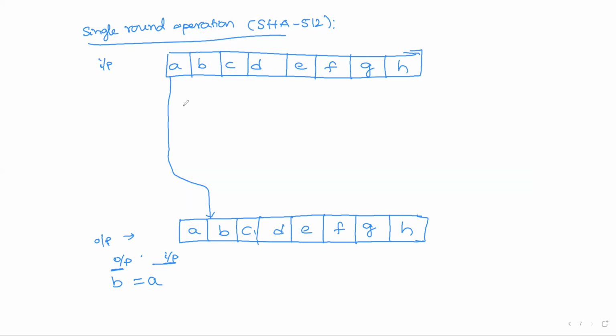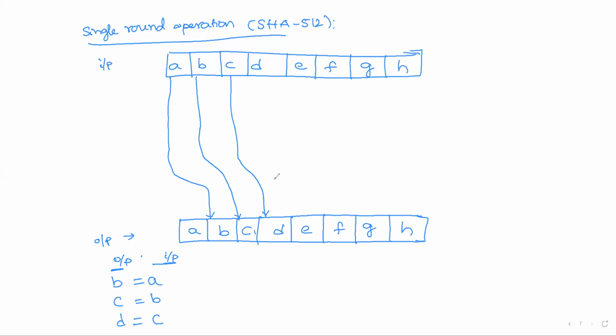A contains 64 bits, and those 64 bits will be copied into B. So first I started with B, which is assigned with the bits in A. Then the 64 bits that we have in B, which are in hexadecimal form, will be assigned to C. Next, the buffer C data of the input will be assigned to buffer D of the output. So D is assigned with C data.